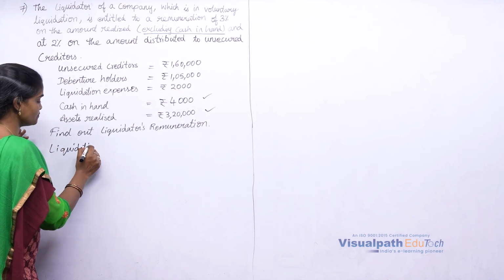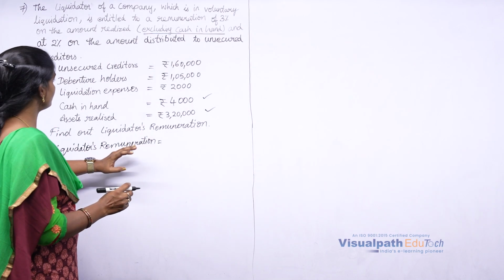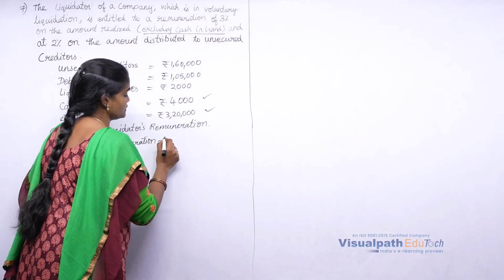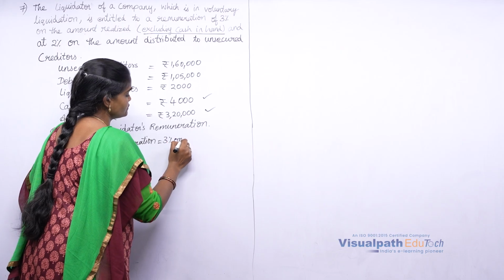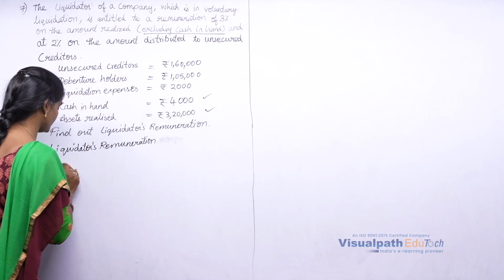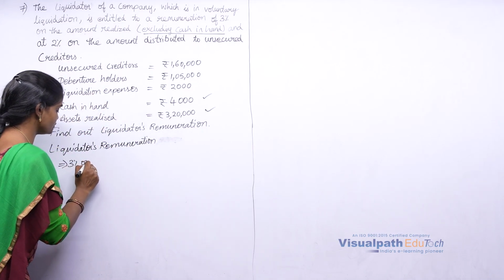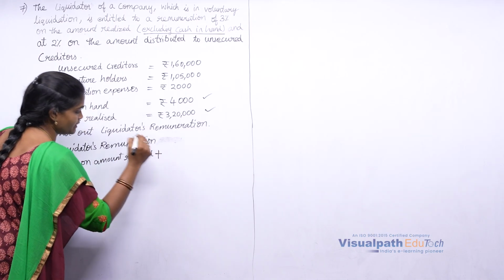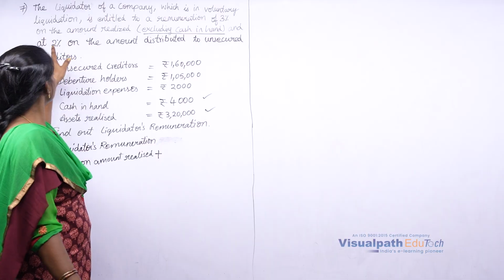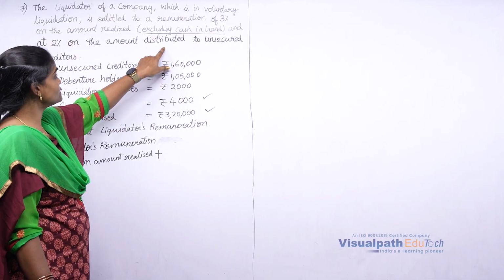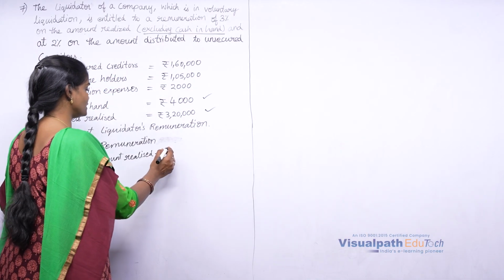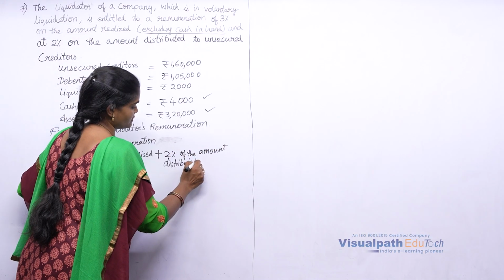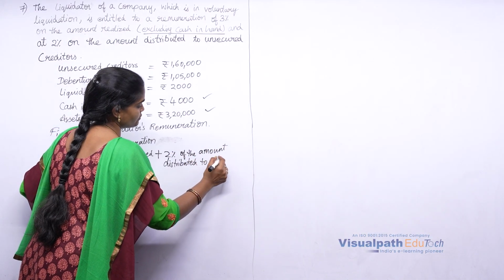As per the question, liquidator's remuneration is equal to 3% on amount realized plus 2% on the amount distributed to unsecured creditors.